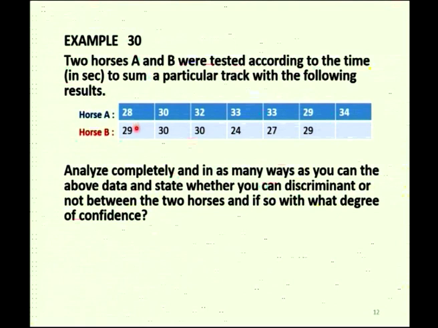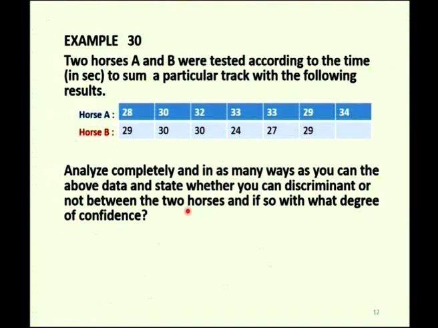Horse A gives you 28 seconds in track 1 and then 30 seconds in track 2, like that, and 32, 33, again 33, 29 and 34. Horse B gives you the values 29, 30, again 30, 24, 27 and 29. Analyze completely and in as many ways as you can the above data and state whether you can discriminate or not between the two horses.